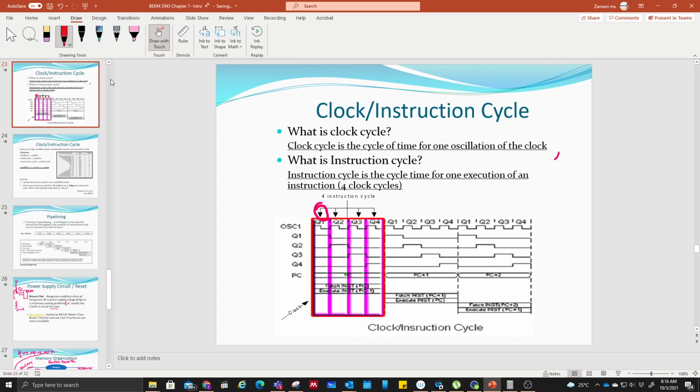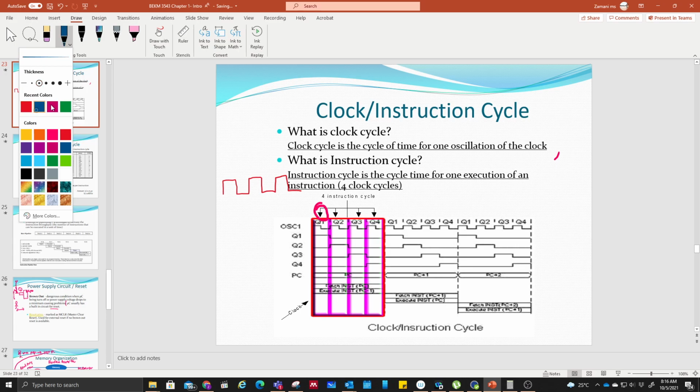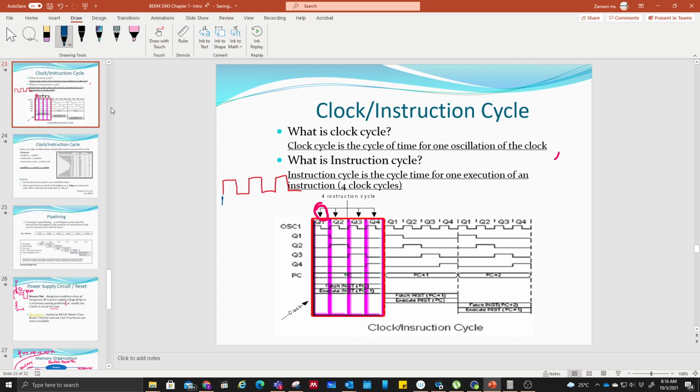So for example, here your clock will be like this. This is your clock oscillating. For one full oscillation, it would be from the first here up to this one. So this is a full oscillation. It's the same as the process here.